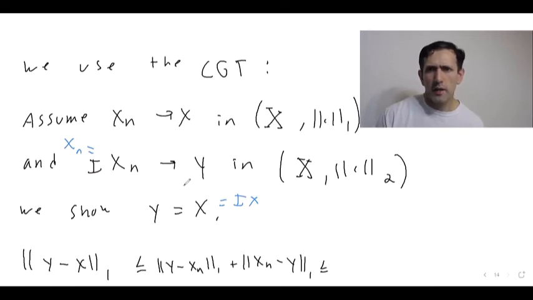And of course, y is in big X. We're not looking at any other actual vector space other than big X. So it's M times the 2 norm of y minus xn plus, oh sorry, this is the 2 norm, sorry, xn minus x in the 1 norm.